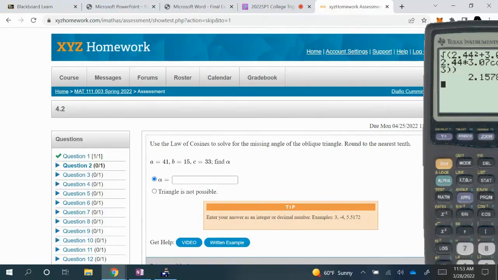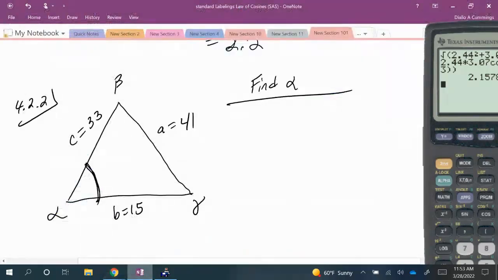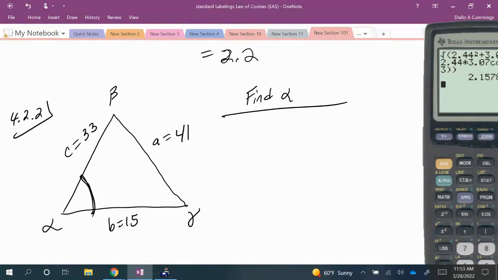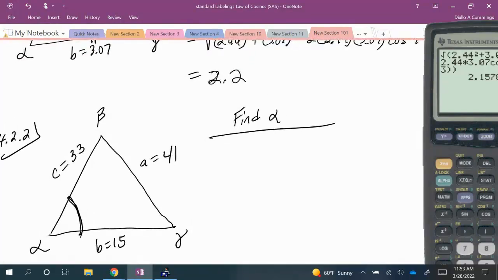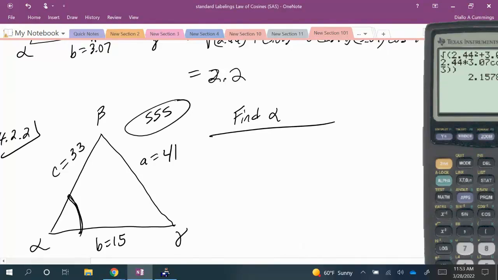And we're given two options, either to find angle alpha or if the triangle is not possible. So notice here I'm given three side lengths. I'm given a side, side, side set of measurements. I'm not given a side angle, so this triangle is possible.